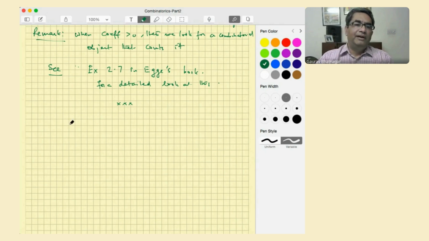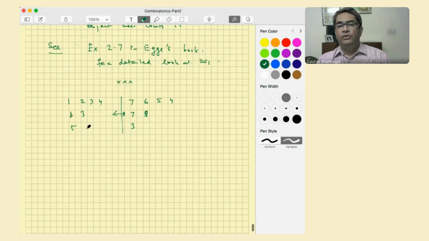So suppose you have 1, 2, 3, 4, 1, 3, 5, and then you take 8 minus this. So you get 7, 6, 5, 4, and then 7, 5, 3. So that's a one-to-one correspondence.